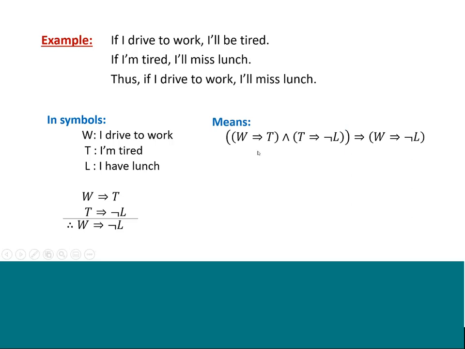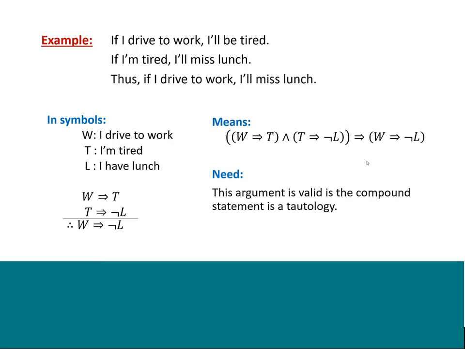So this is if W implies T, and, notice the and, T implies not L. So both of those together imply that W implies not L. From a symbolic logic or predicate calculus standpoint, that's the sentence that we're trying to show is a tautology. So that's what we actually need to do behind the scenes.